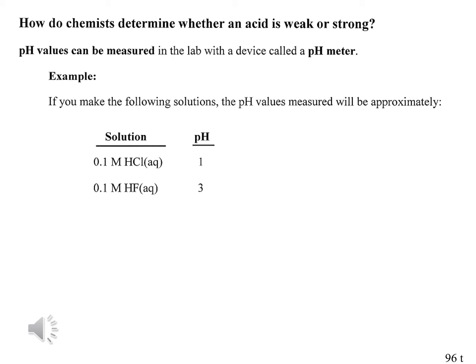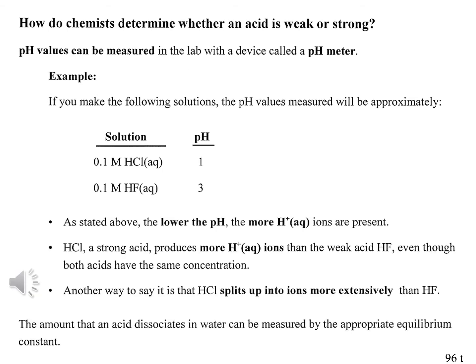Strong acids give you more H pluses, so the pH, more H pluses makes the pH go down. So the strong acid has a lower pH than the weak one, even at the same concentration. I explained this in that list underneath the pHs.